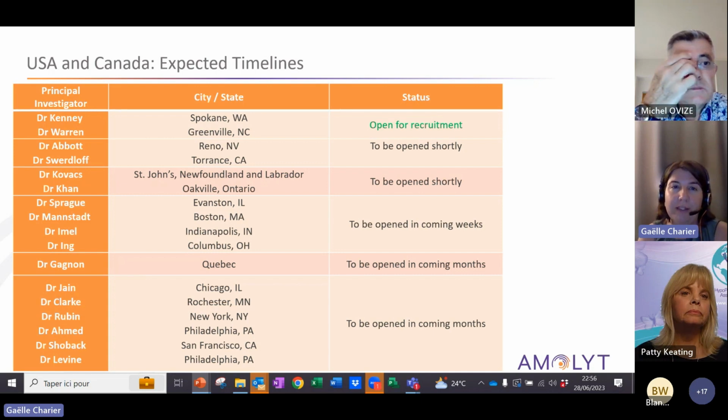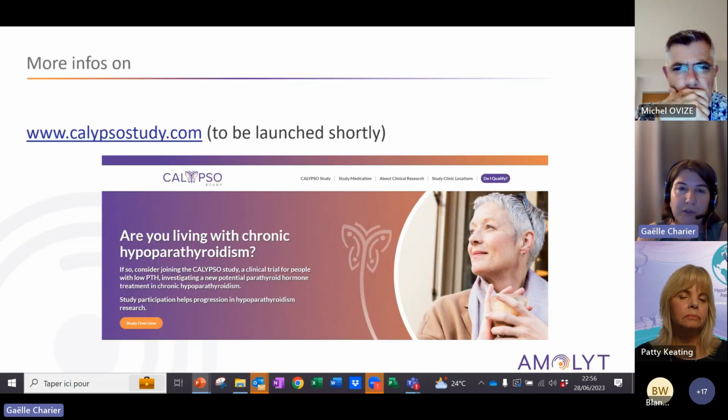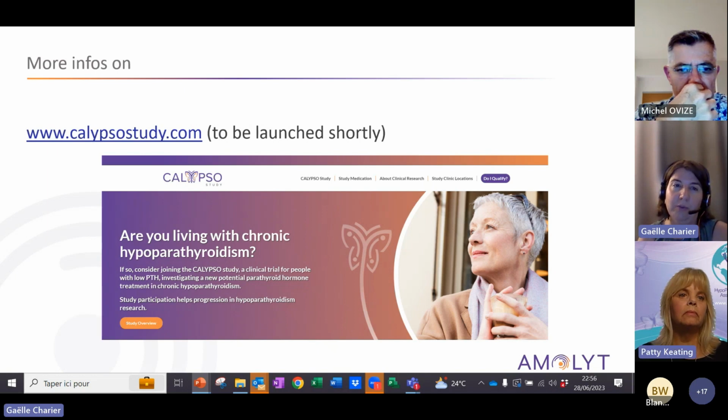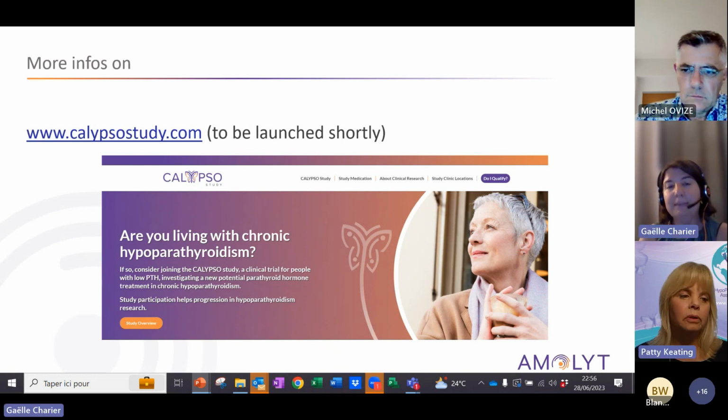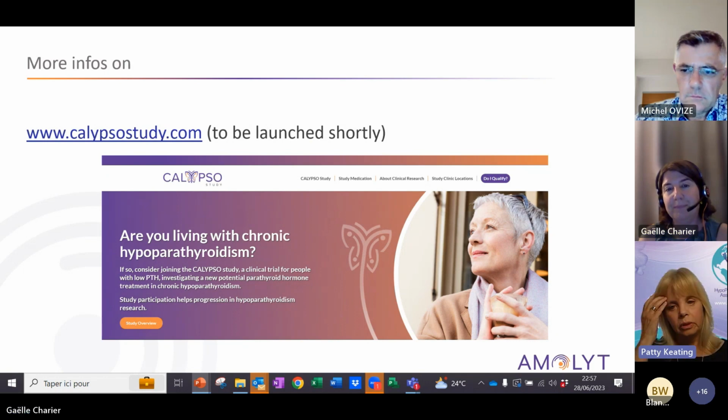I think they will explain everything. And on the website I mentioned earlier, you will be able to see the clinic locations as soon as they are open for recruitment, so you can also go to this website on an ongoing basis to check as well. Yeah, and there's a little bit of info on clinicaltrials.gov too that people can go and look at as well.